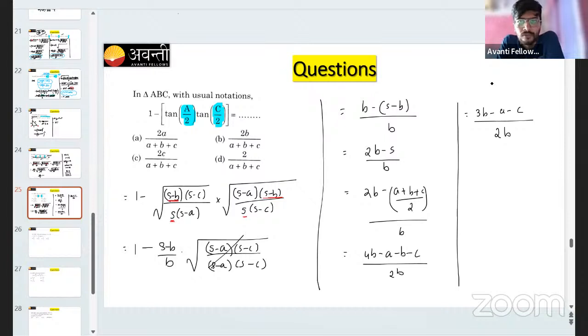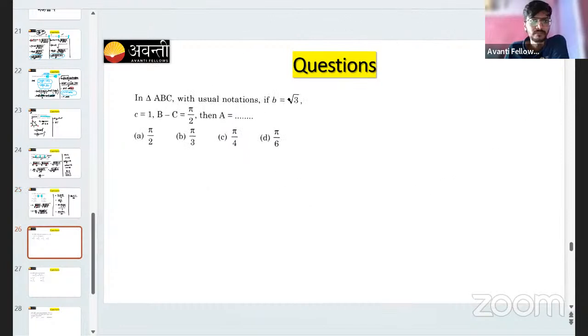Okay, so none of the options is matching, right? I guess there is some mistake here. Okay, we'll look at it afterwards. Let's move on to the next question.